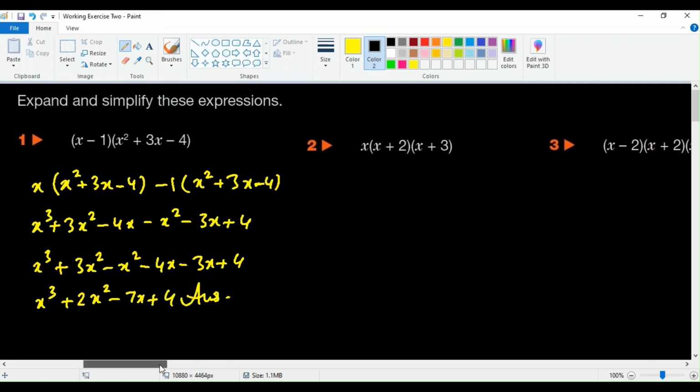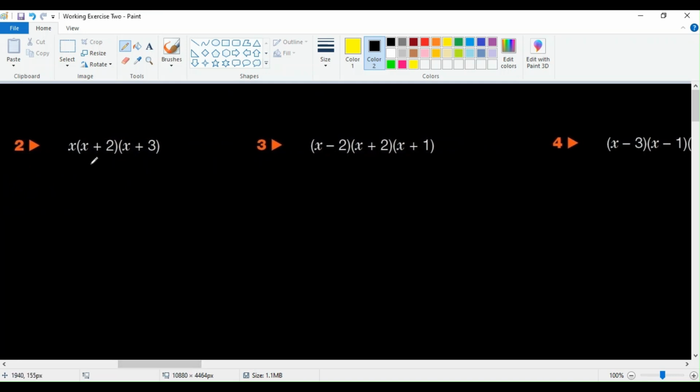Moving on to question number 2. In here, first we are going to multiply x with x plus 2 to give us x square plus 2x in the first bracket, and then it's going to be multiplied by x plus 3. So I will write x plus 3 two different times. Either one you can write two different times, that does not really matter. x square and plus 2x will be written like this.